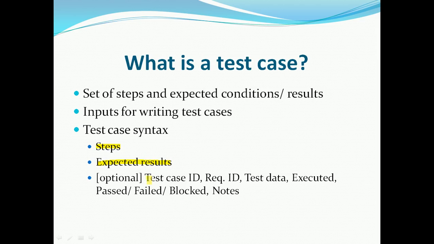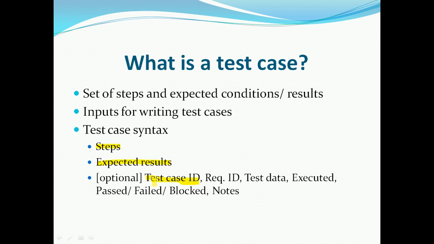Now these are test case ID. It is very likely that you are not going to have only a single test case, because many systems, in fact most systems, have multiple requirements, and in order to test each of those requirements, multiple test cases are required. So if you have a large set of test cases, say 100 test cases or 1000 test cases, then distinguishing the test cases becomes important.